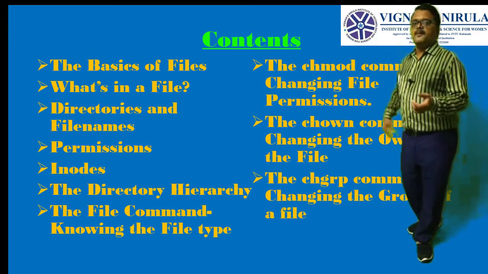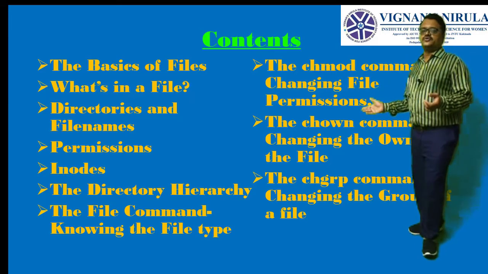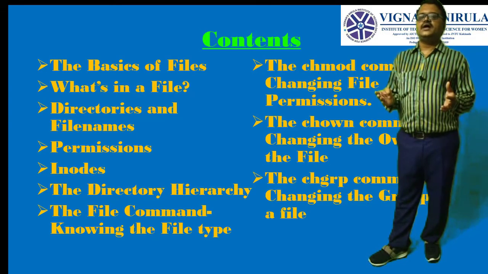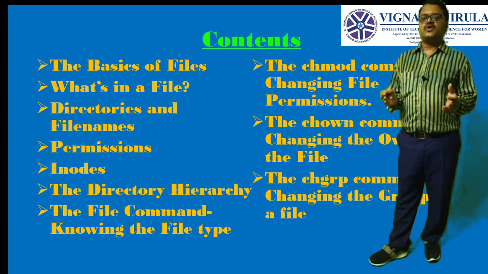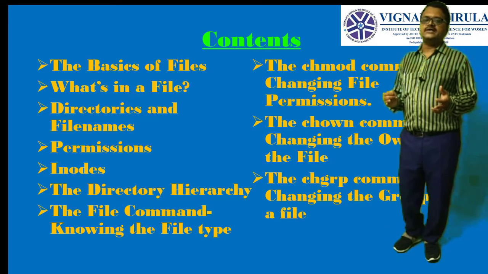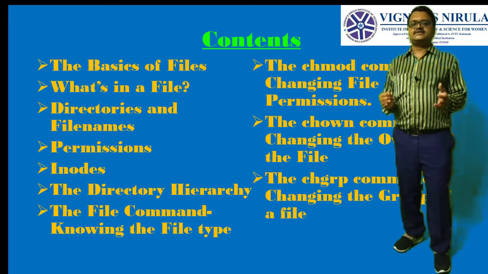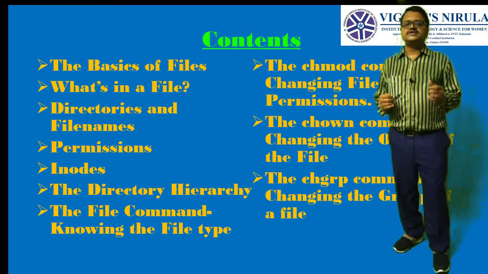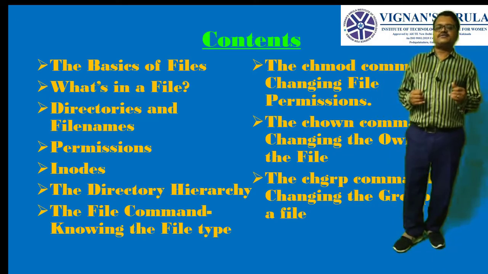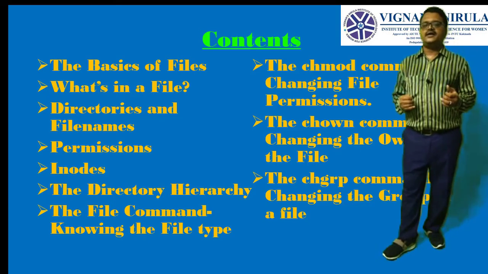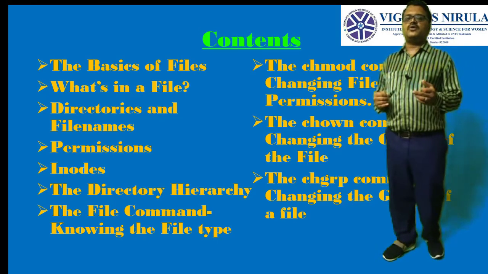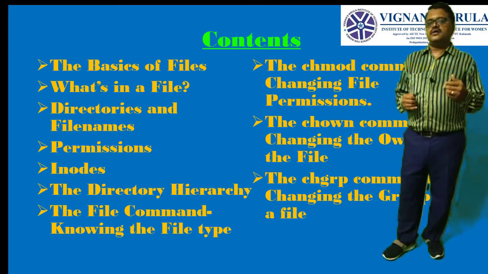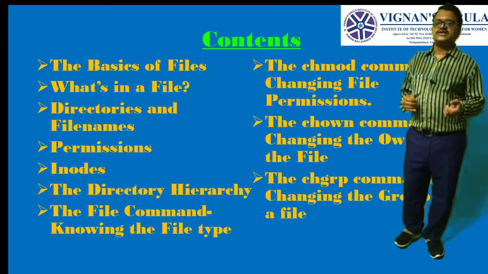So this is a brief overview of Unit 2. Unit 2 consists of totally 10 topics. First topic is basics of file, second is what is in a file, third is files and directories, fourth is permissions, fifth is inodes, sixth is directory hierarchy, seventh is again the file command, eighth is the chmod command, ninth is the chown command, and 10th is the chgrp command.